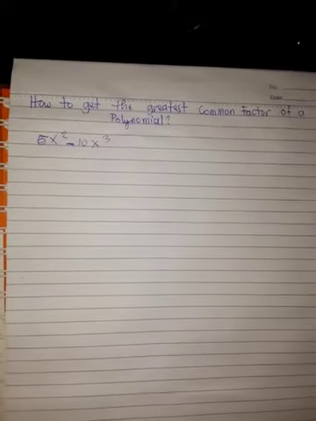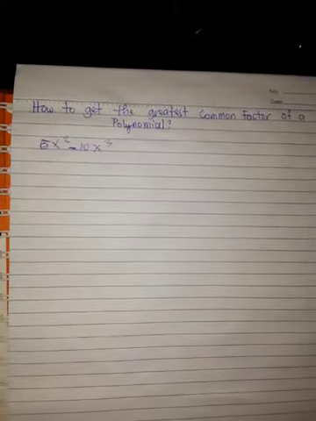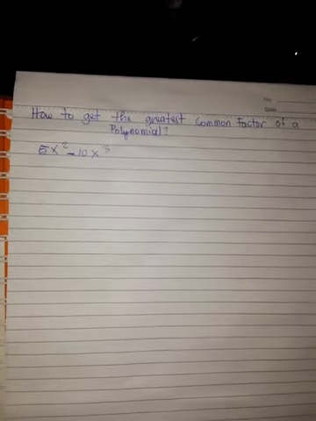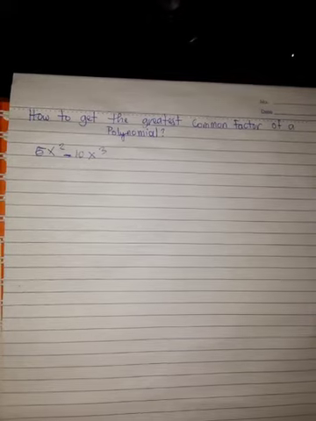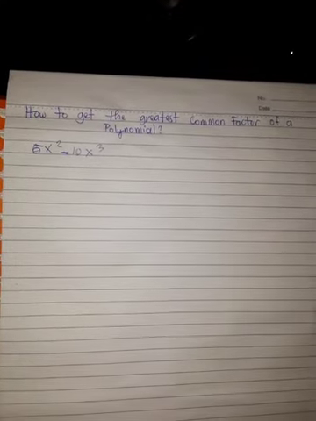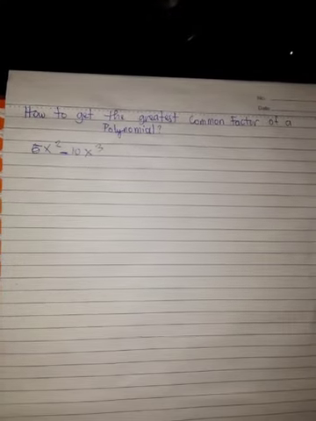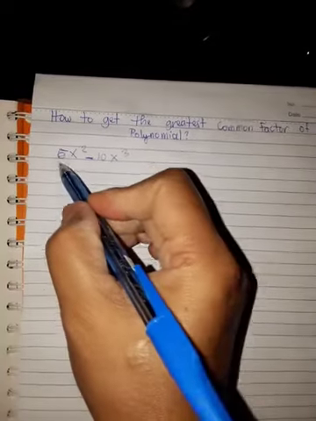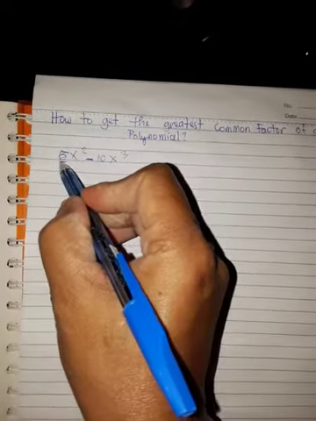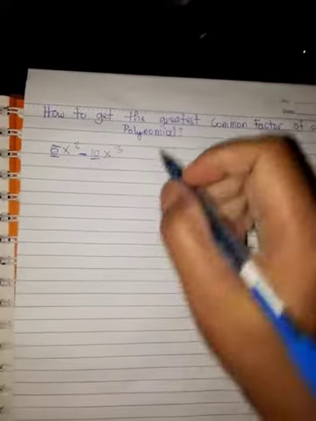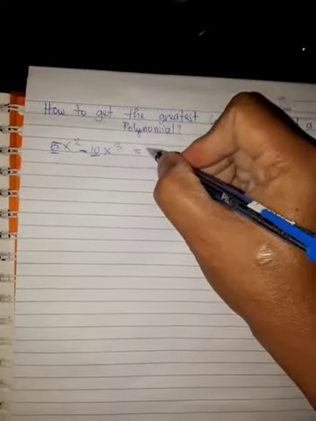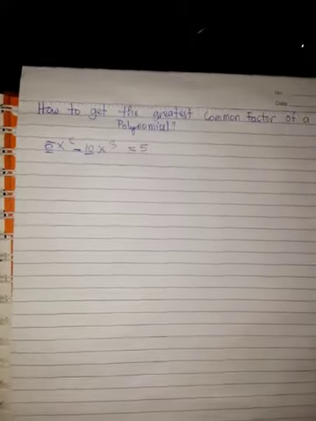To do that, we need to express each term into prime factors by writing the prime factored form of the numerical coefficient of the term. When we say numerical coefficient, we're talking about the numbers. So what are the factors of 5 and 10? We have 5, of course.